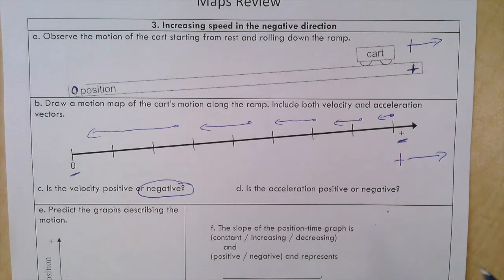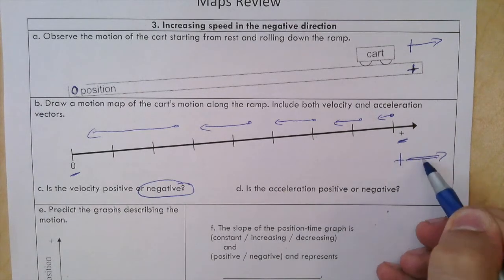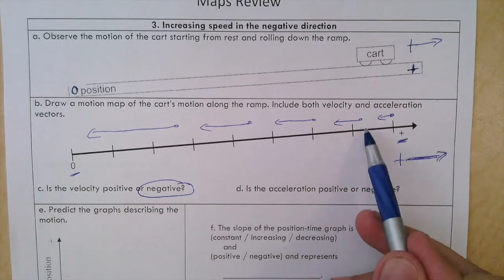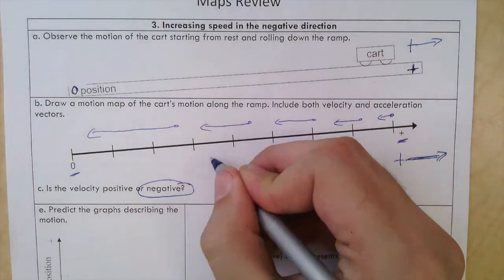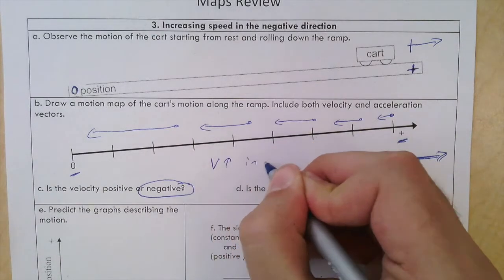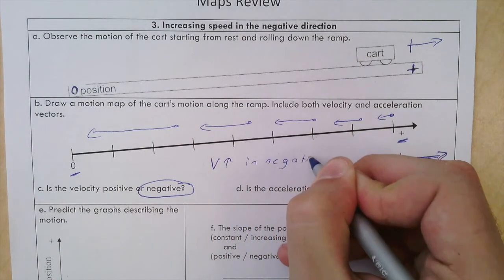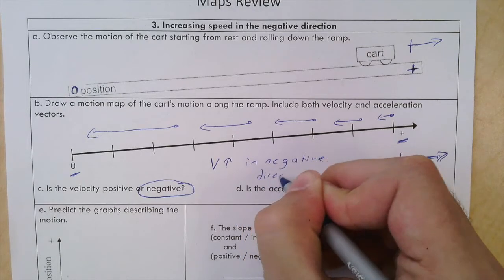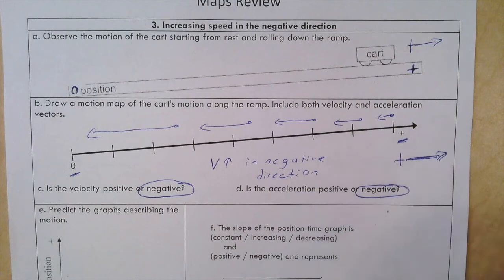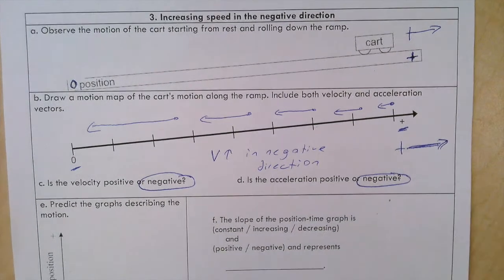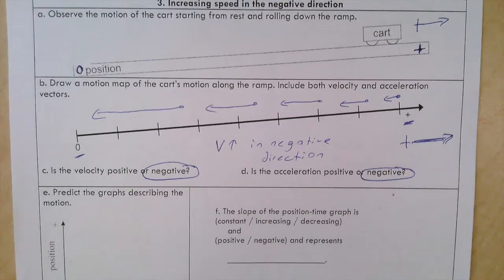Our velocity is increasing in the negative direction, and that means that the acceleration is negative. So we determined that the velocity and the acceleration were both negative.